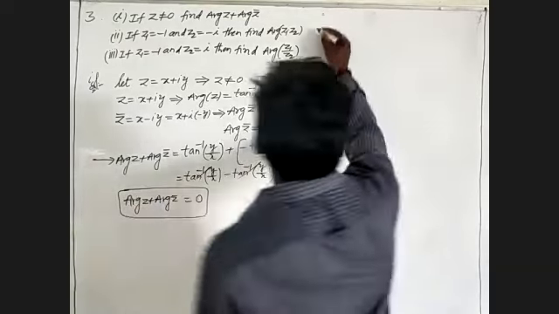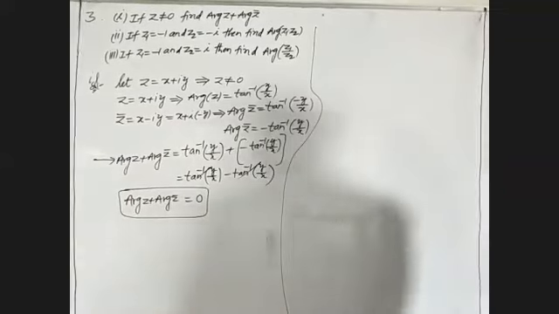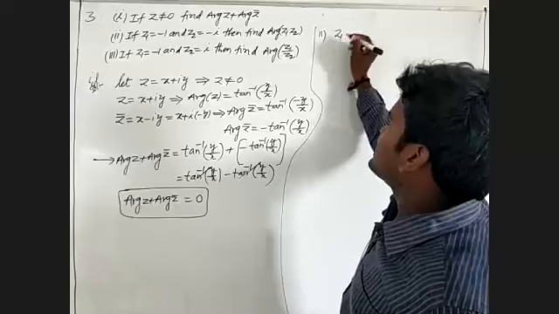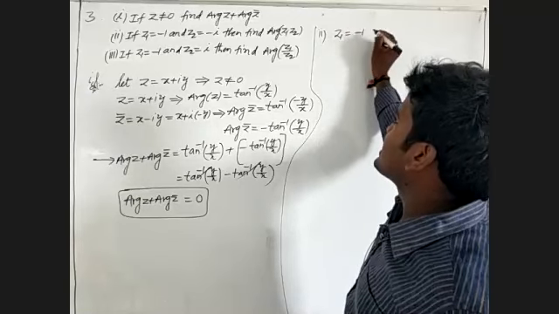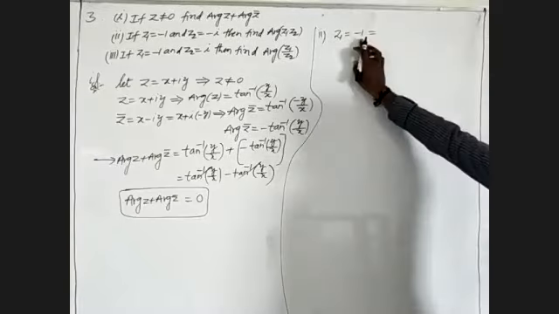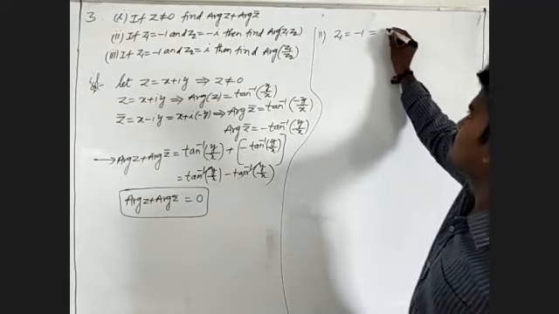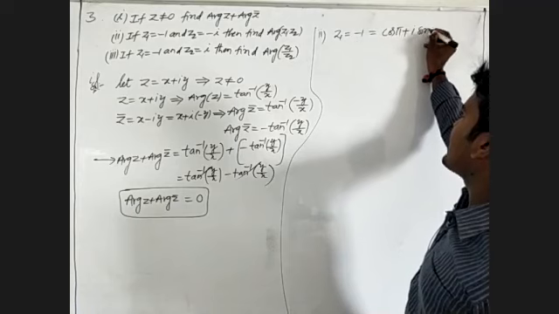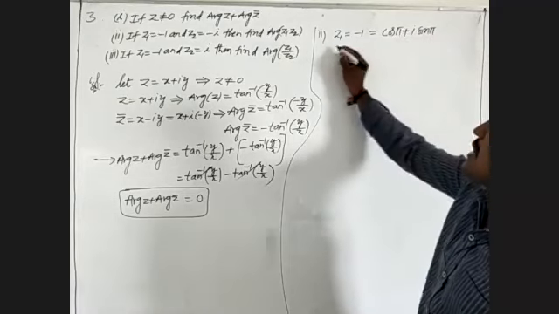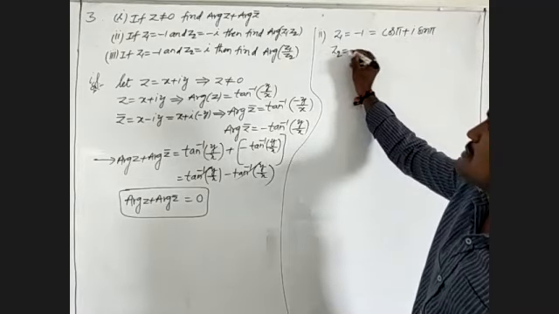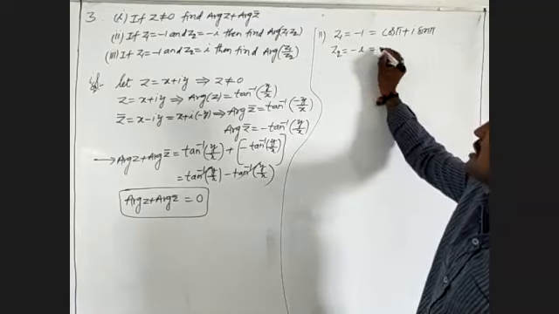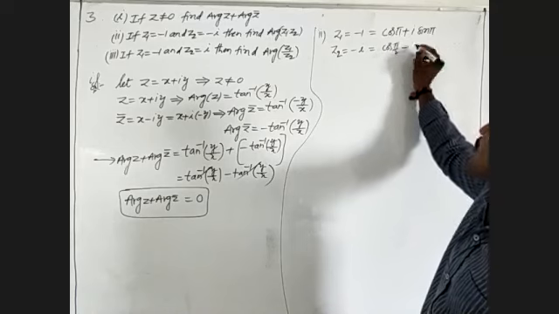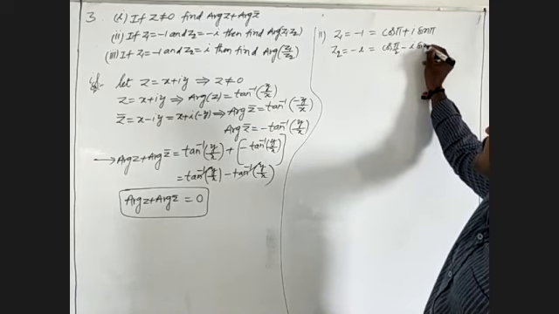Now I am going to the second one. In the given second one, z1 is nothing but minus 1. We have to write cos pi plus i sin pi. As given by the problem, z2 is nothing but minus i. Minus i is nothing but cos pi by 2 minus i sin pi by 2.